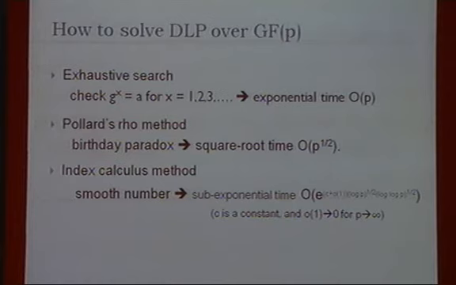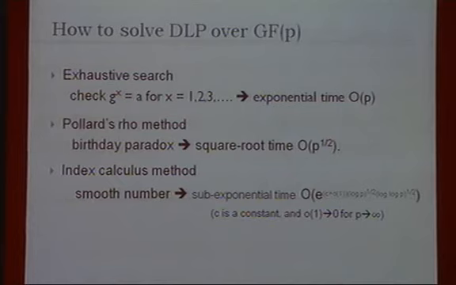Then we can embed the discrete logarithm problem into a linear algebra problem. This technique is called the index calculus method. When we prepare a sub-exponential size of matrix, namely a sub-exponential size of small prime numbers, then this technique is most efficient, optimal to carry out the index calculus method.